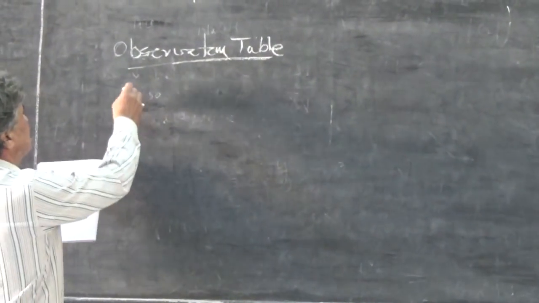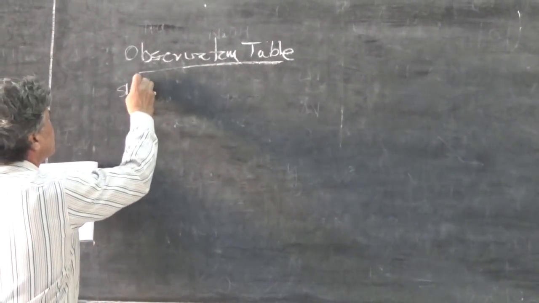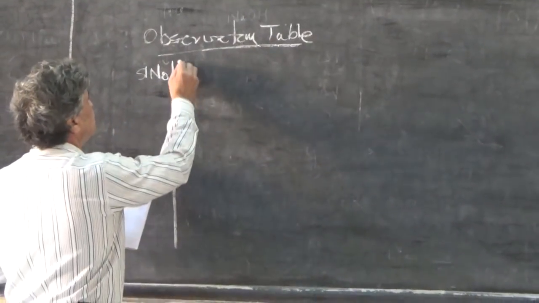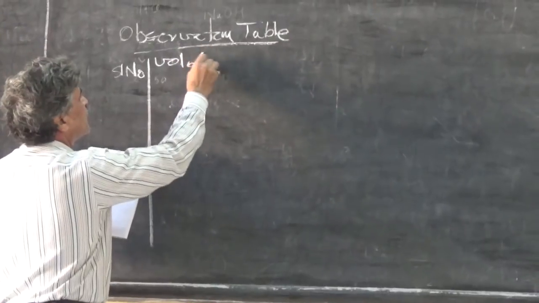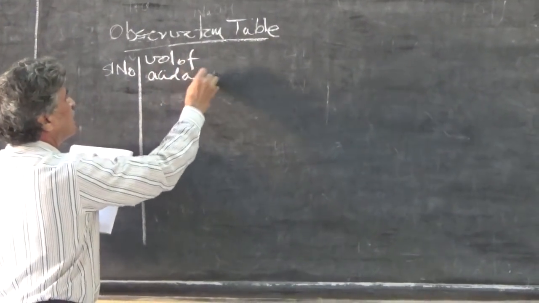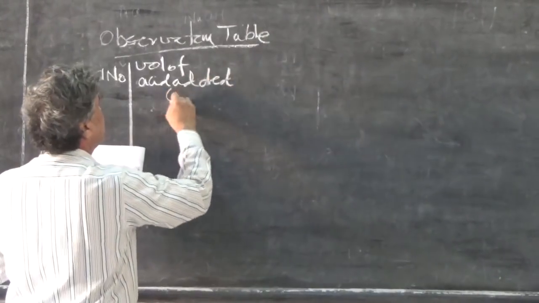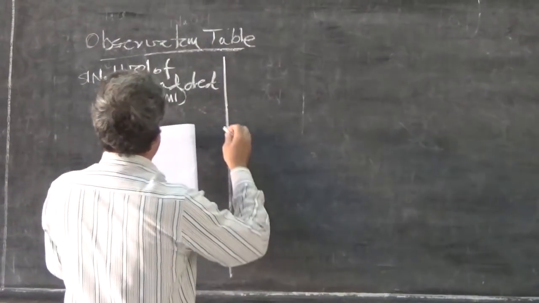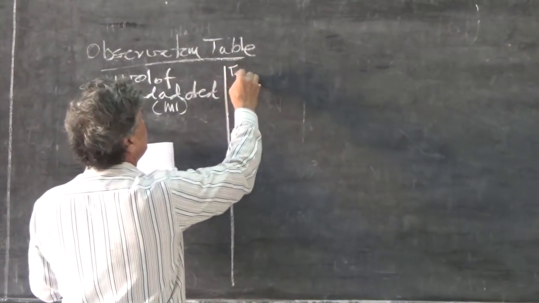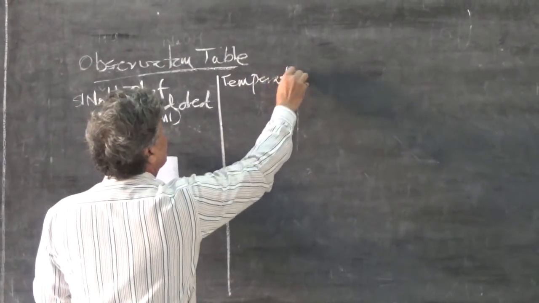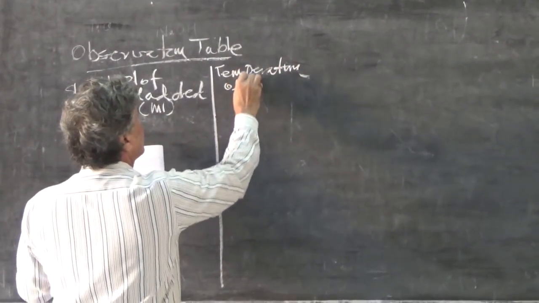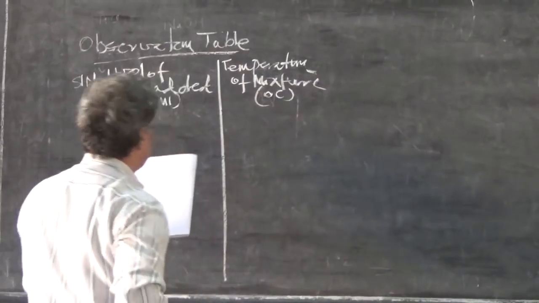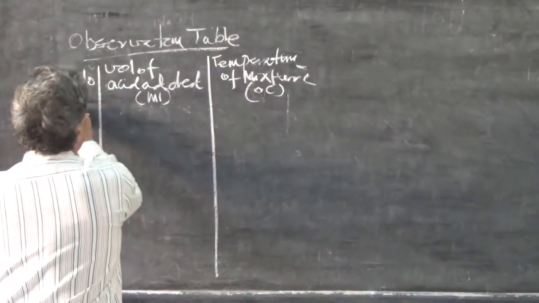If you look at this table, this has serial number, volume of acid added in milliliters, and temperature of mixture in degrees centigrade.